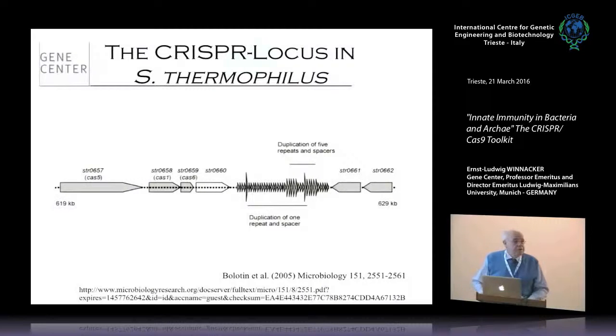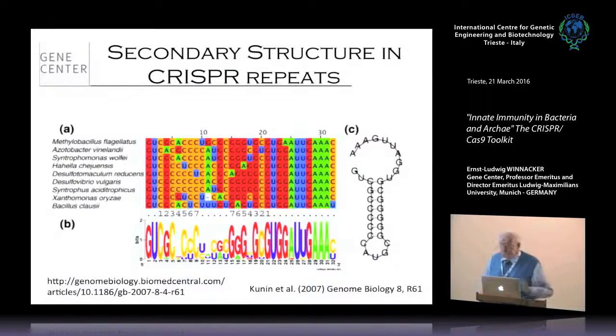Usually bacteria have one or two, not more, of these peculiar clusters. That is the CRISPR element, this cluster of repeats, which, as you will see in a minute, are actually partially palindromic. This is just a few examples here.